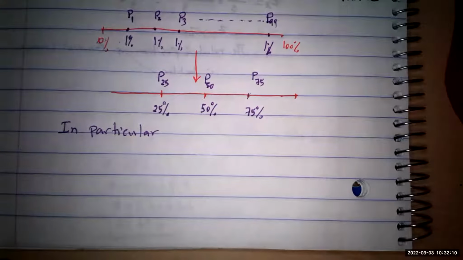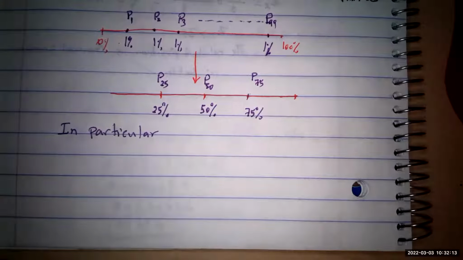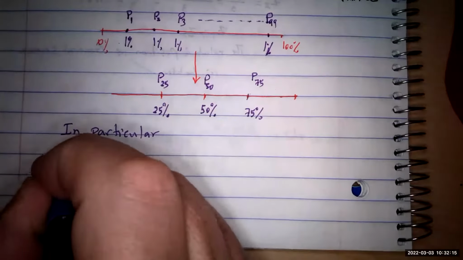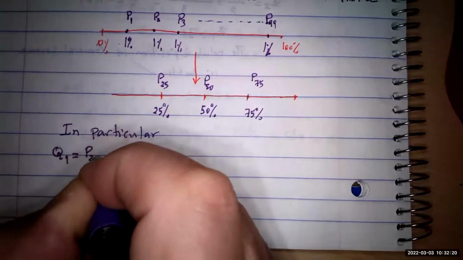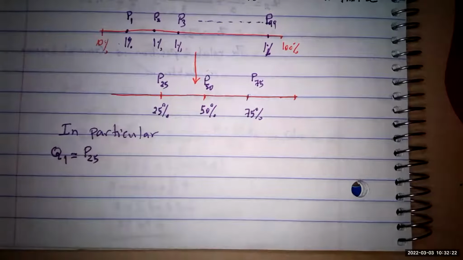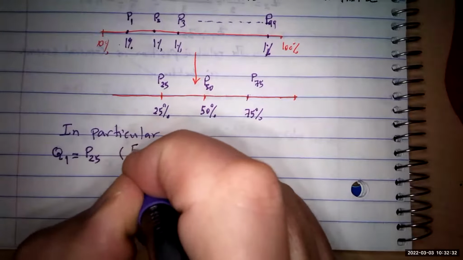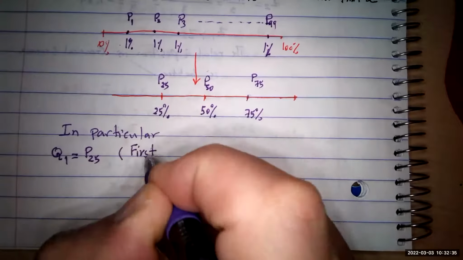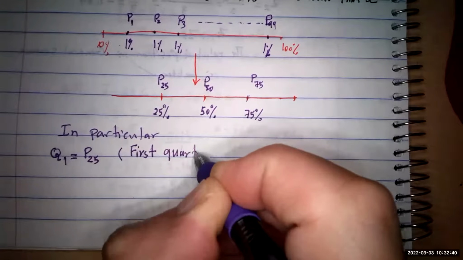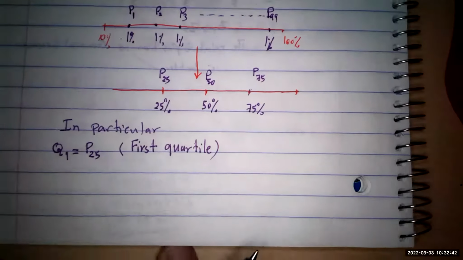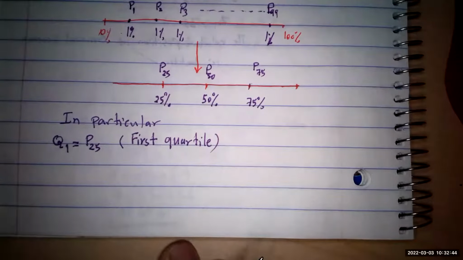In your calculator, it is denoted by Q1. So if we say Q1, you must know that Q1 is P25. It's going to be better than 25% of the others. This is called the first quartile. Okay, Q1 or first quartile, P25.